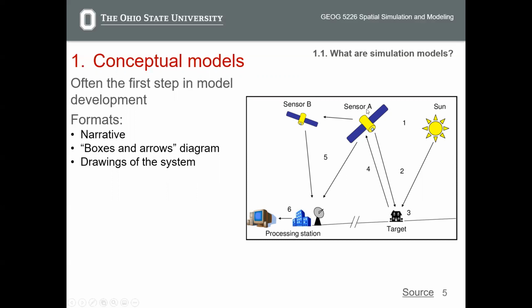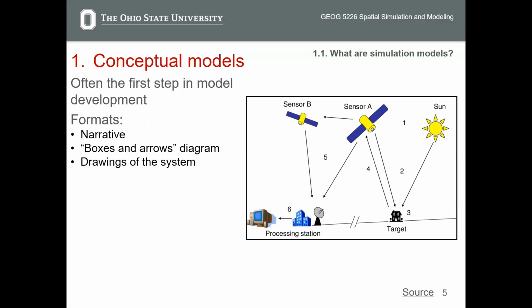Here we have symbols, for example, satellite A or sensor A, sensor B, another symbol for the sun, and processing stations. We have buildings and pieces and a target. This is a target we're interested in this remote sensing process. So this is a very typical diagram showing you the general process of remote sensing.